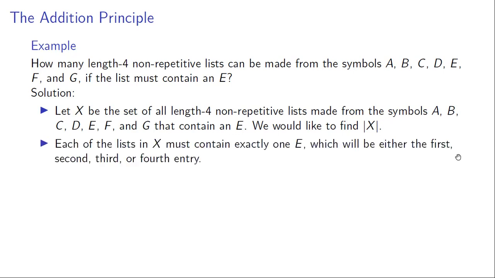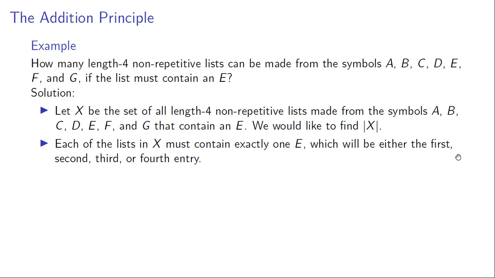Now, each of the lists in X must contain exactly one E. Why is that? We specified that X is the set of all lists that have to contain an E, so they have to contain at least one E. How do we know that it's exactly one E? We also said that they're non-repetitive lists, meaning within a list, no repetition is allowed.